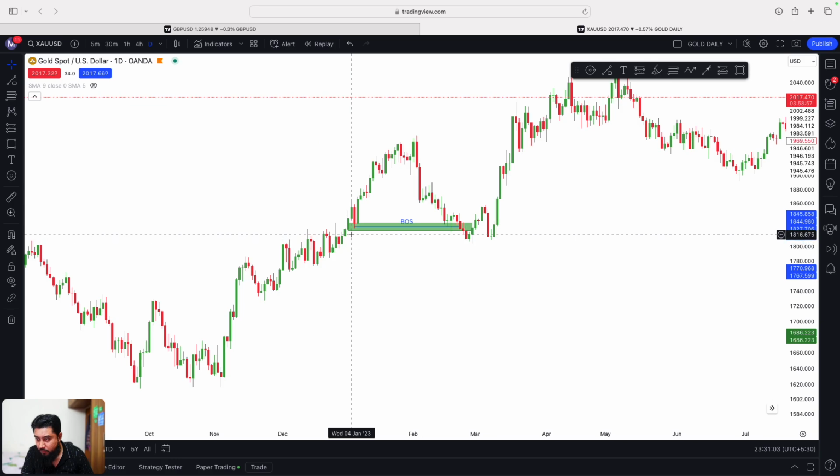Those are very small pullbacks. Always wait and catch hold of those pullbacks that have crossed the previous candle, which is in the opposite direction. The red candle moves in the opposite direction. In this case, since it's a buy trend, the opposite direction is moving down, right? And then the price moves back.